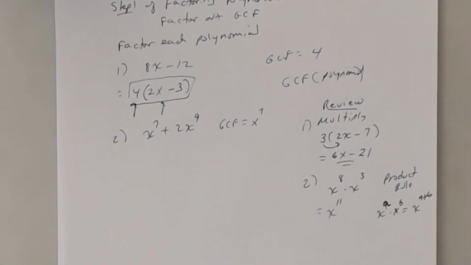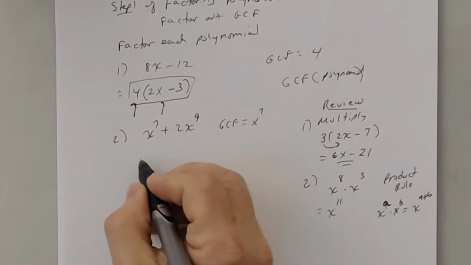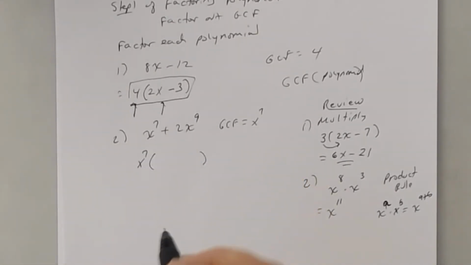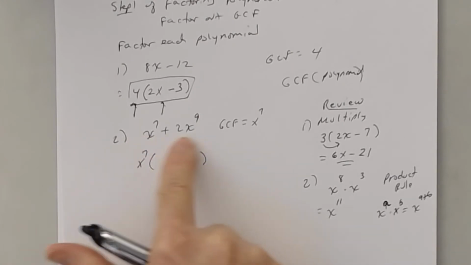Now, I want to factor this, right? Factoring means to write as a product. So I'm going to put the GCF first. What's my GCF? x to the 7th. And I'm going to say times, and I need something inside those parentheses. Keep in mind, how many terms are in the original polynomial?